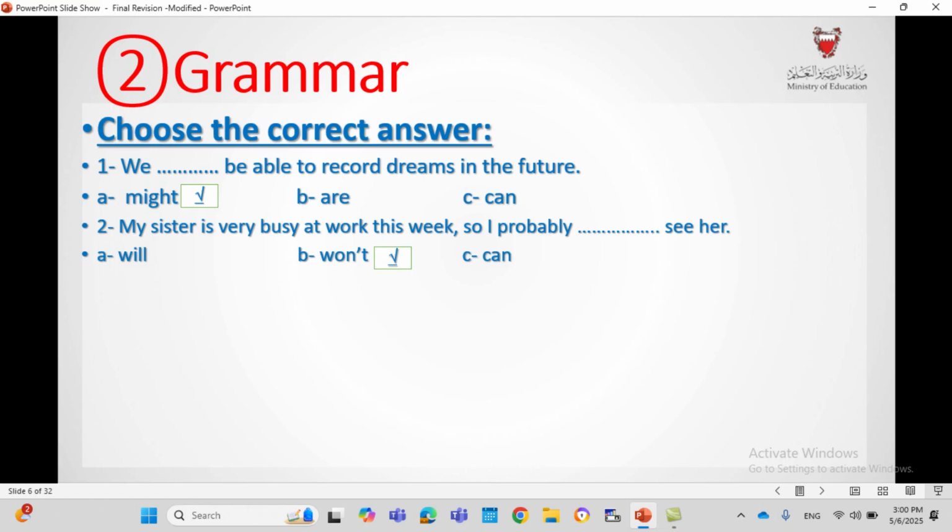And won't is a short form of will not. Since the sister is busy, the logical answer is will not or won't, because she is very busy. That's why the writer will not be able to see her. My sister is very busy at work this week, so I probably won't see her.